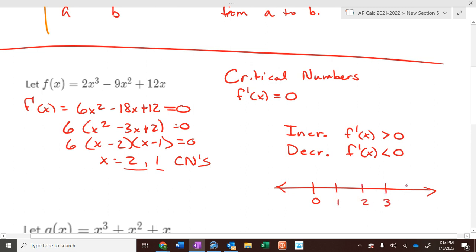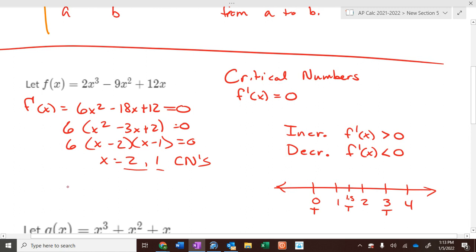So we've got 1 and 2 as our critical numbers. What's in between 1 and 2? 1.5. So we're going to test 1.5, we're going to test 0, and we're going to test 3, because they aren't 1 or 2. We're testing values around there. The easiest one to test is 0.